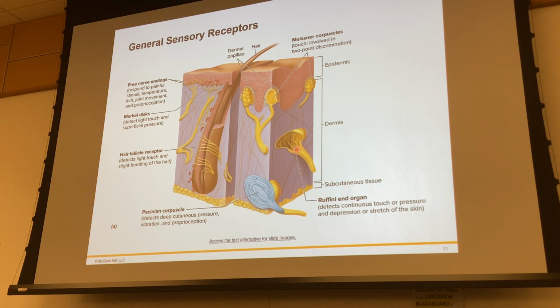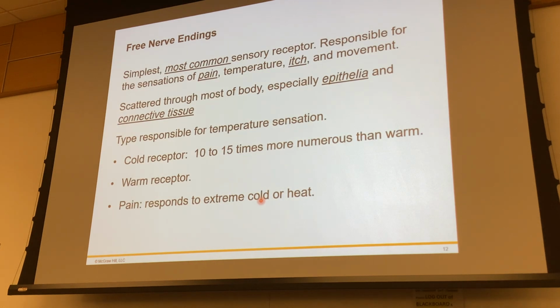Those are going to be responsible for pressure within joints, and they are deep. So depending on where you are in your body, you're going to have a greater concentration of one set of sensory receptors or another.